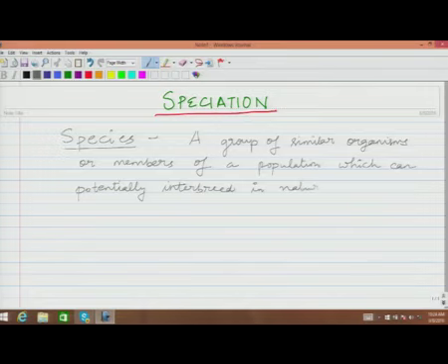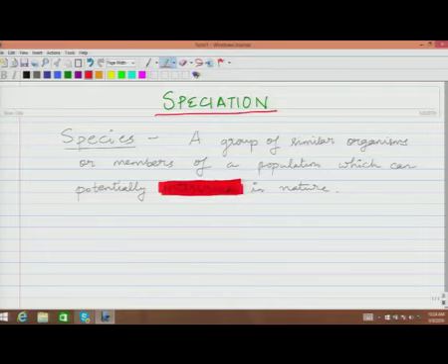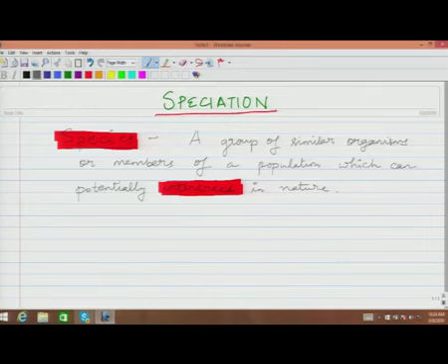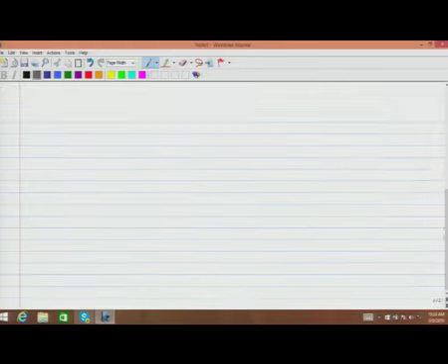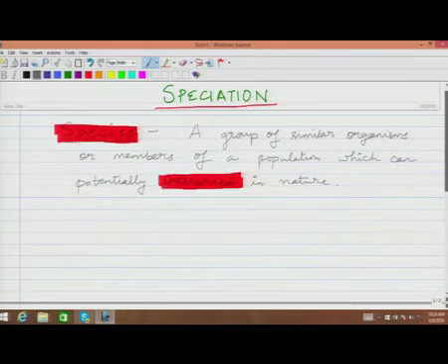That means that the most important criteria for being called a species is their ability to interbreed and produce their offspring. So, here we can highlight this word interbreed. Species are those groups of organisms which are able to interbreed potentially in nature, and the process of formation of a new species can be known as speciation, right?